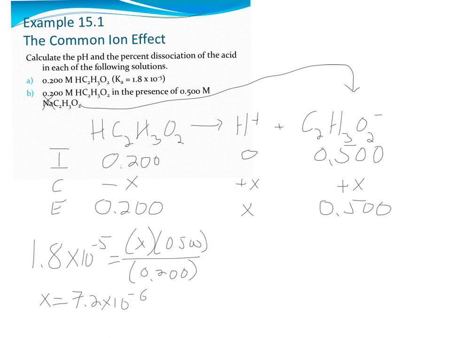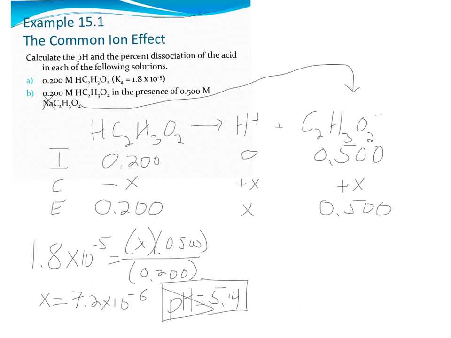And that is the hydrogen, so that pH is going to be 5.14. Which is significantly higher than the last problem. Now, why is that? Well, we added our same acetic acid but we added some conjugate base to it. So if we're adding some base, we do expect the pH to be a little bit higher.